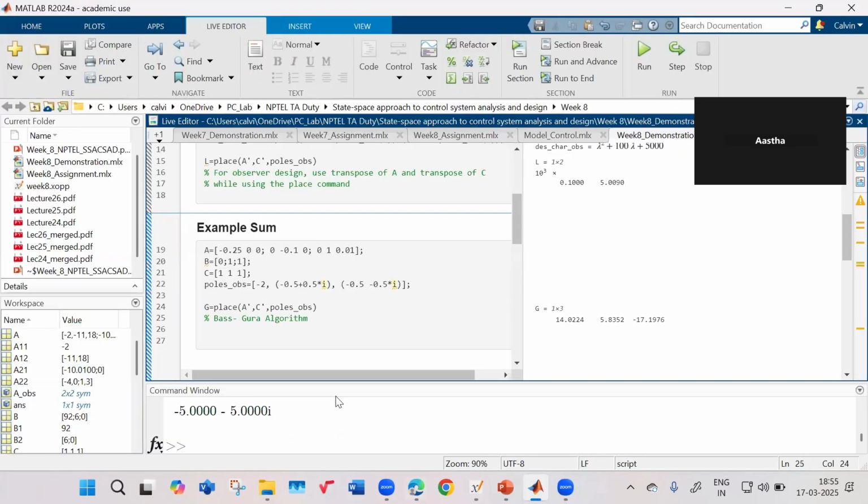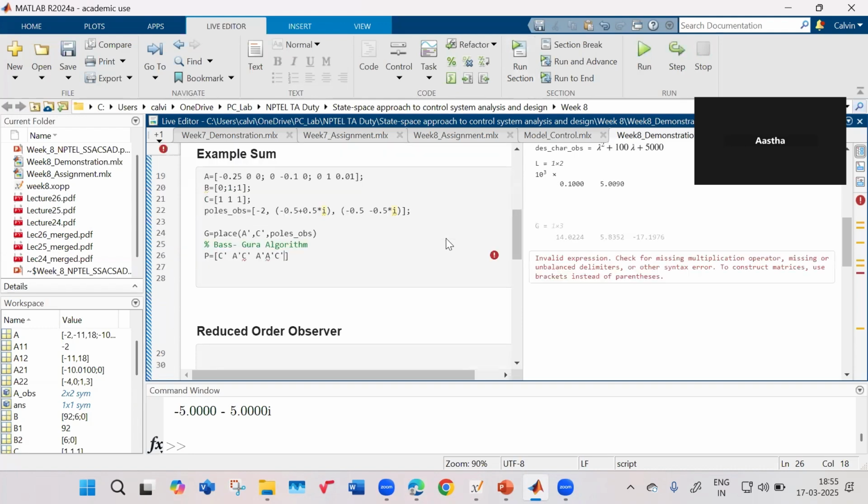The matrix P is given by C transpose, A transpose C transpose, A transpose A transpose C transpose. If we look at the matrix P, there is some dimension error. Probably it should be like this. Okay, let us run it.